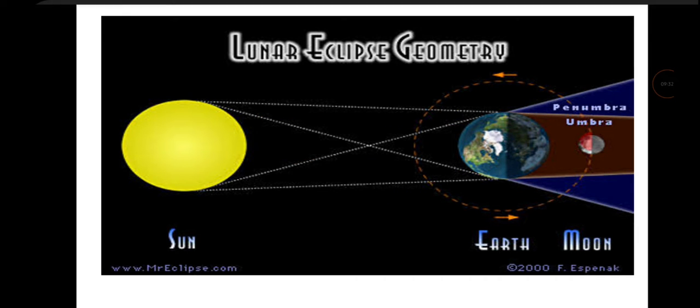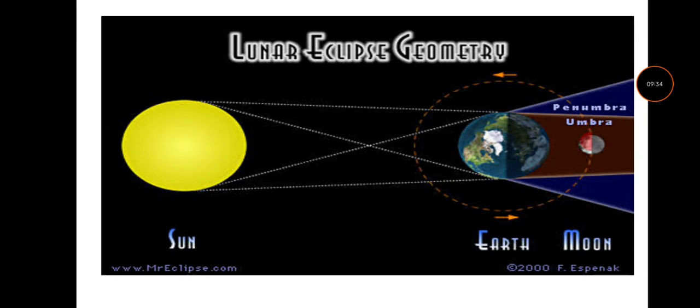It blocks the rays of the sun. So therefore, even though the moon is present, we are not able to see it from the earth. This is called a lunar eclipse.